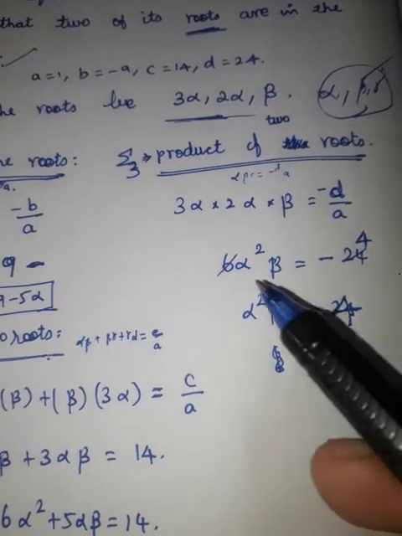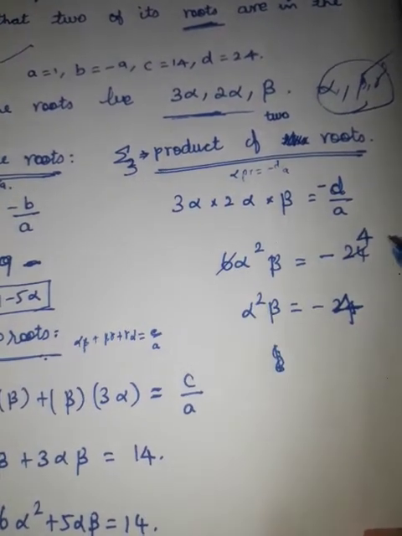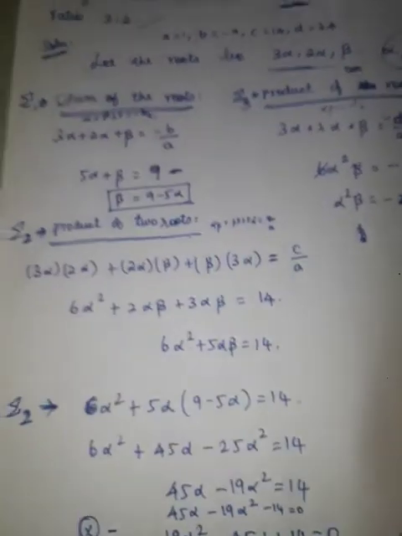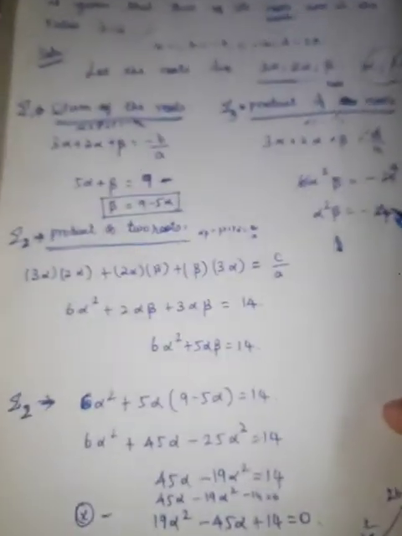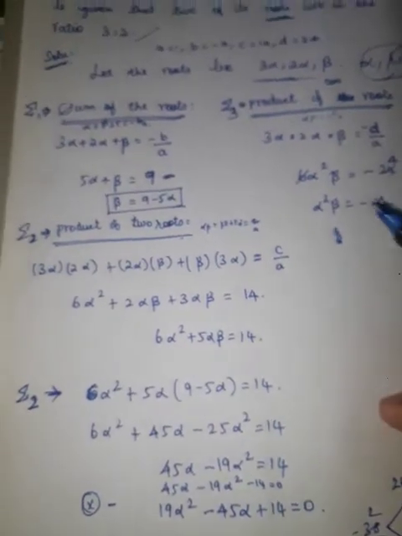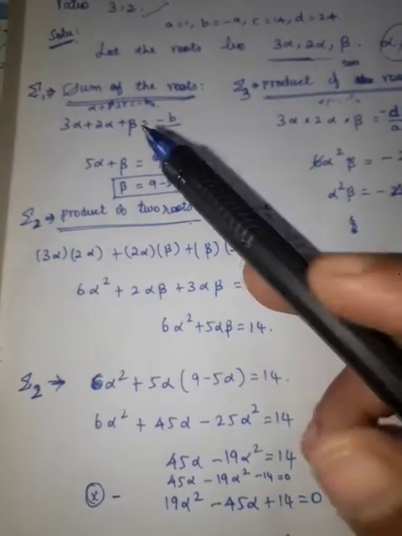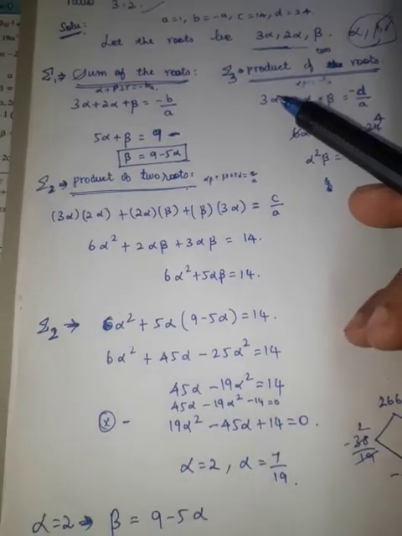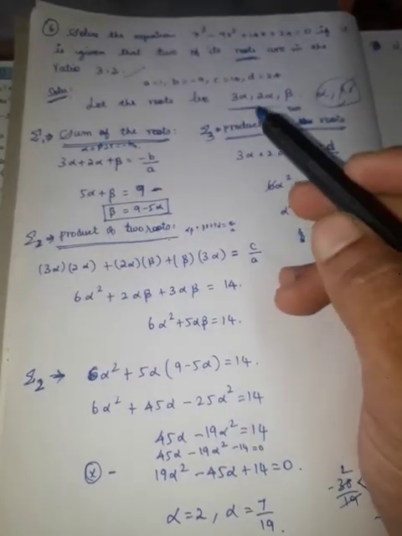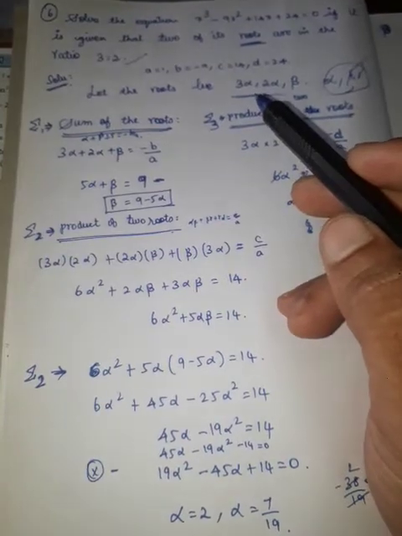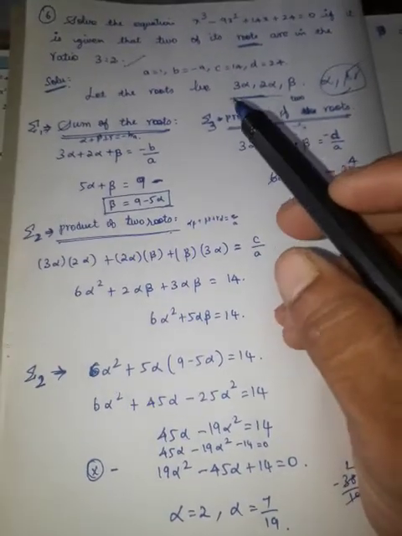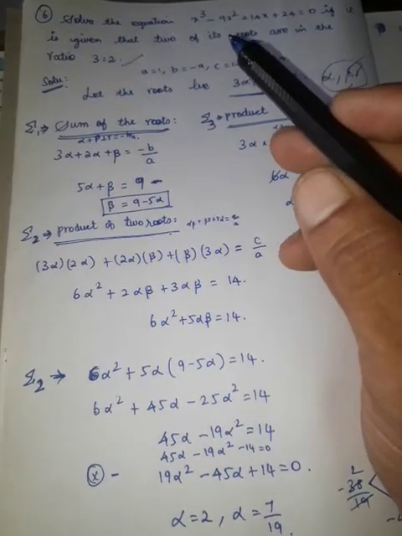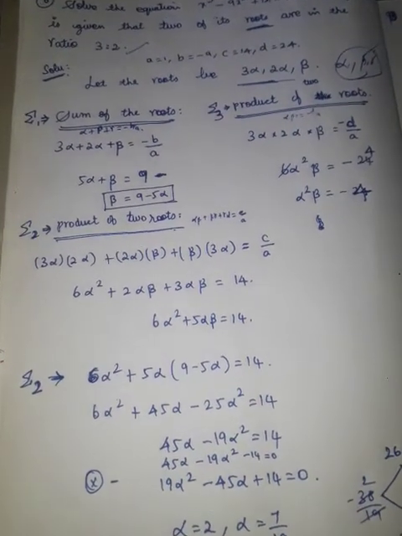If we cancel on both sides, 6 and 24 cancel, 4 times, so alpha square beta equal to minus 4. So we find these three values, summation 1, summation 2, summation 3. Then we can find the roots. The question asks this only: solve means find the values of the roots alpha, beta, gamma.